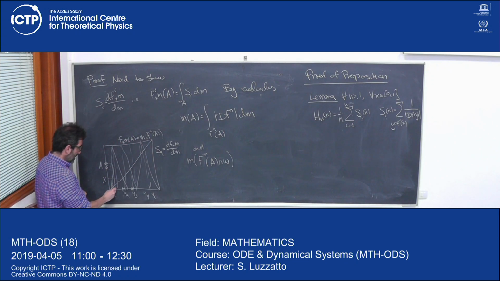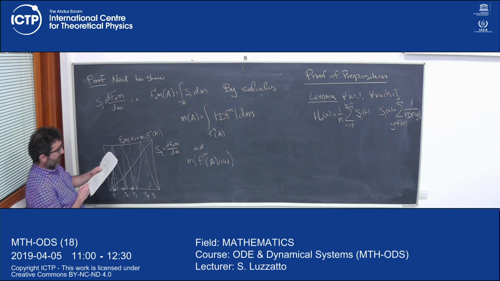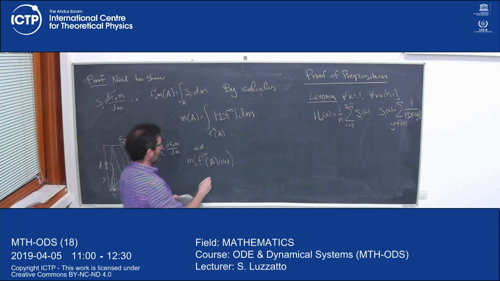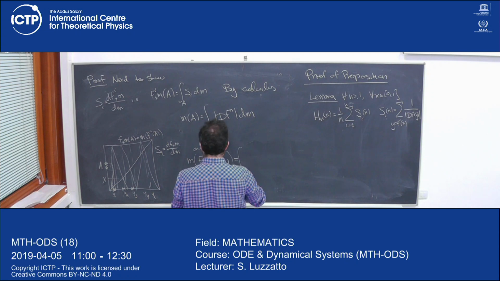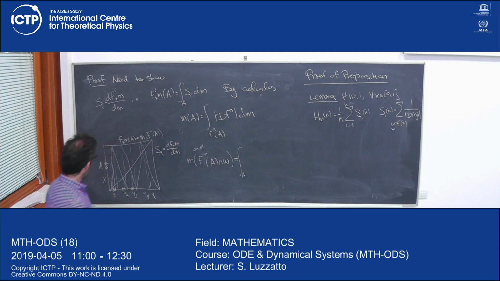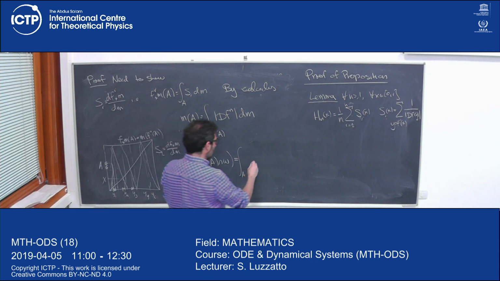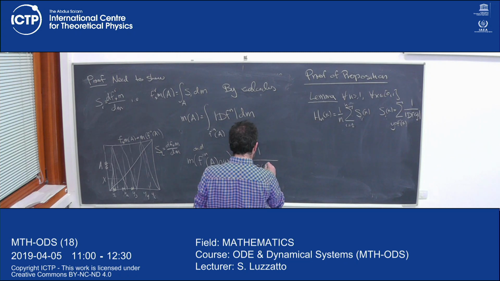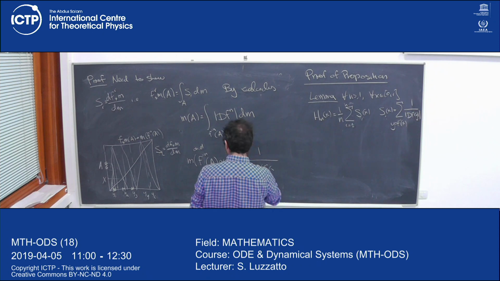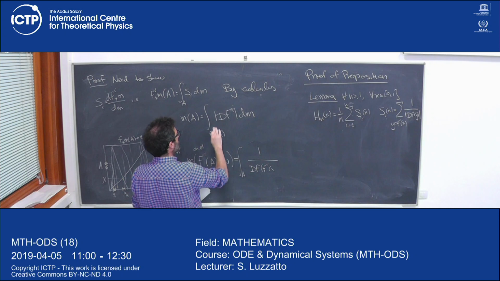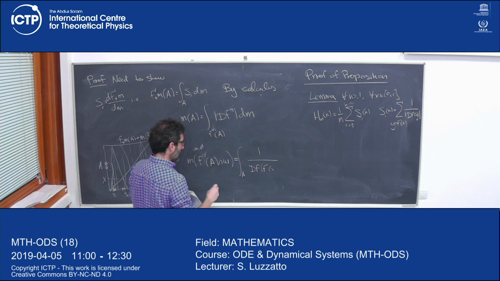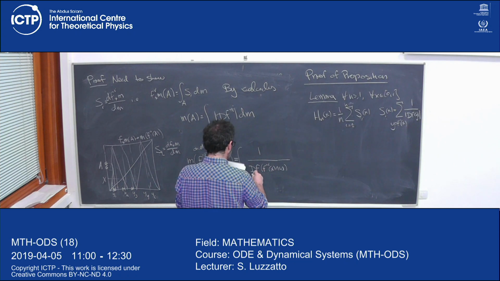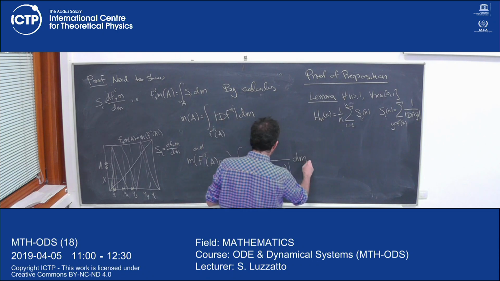If I just look at one of these, I can look at the inverse map, so I can write this as equal to the integral over A of the inverse map, which is 1 over the derivative in f minus n, sorry, f minus I of x intersection omega in the n.